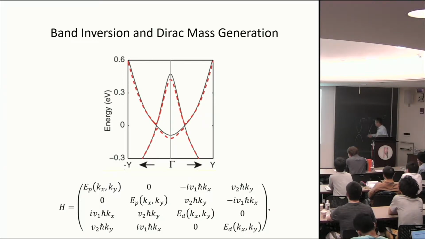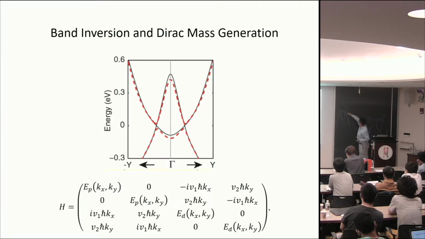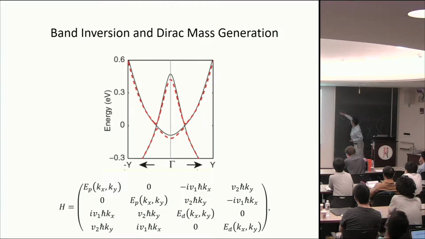While in these systems, the bands are inverted by a large amount. There's a big inverted gap at gamma. But without spin-orbit coupling, there are these symmetry-protected Dirac points, due to this PT symmetry. And then spin-orbit coupling opens up a small gap, so that in this insulating state, the fundamental gap is not at gamma, but at the original Dirac point.